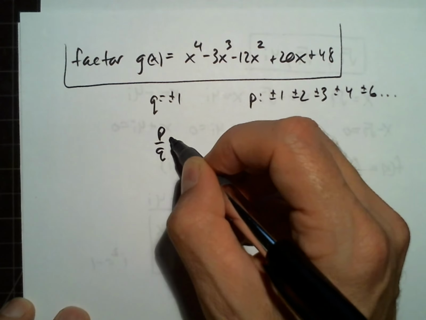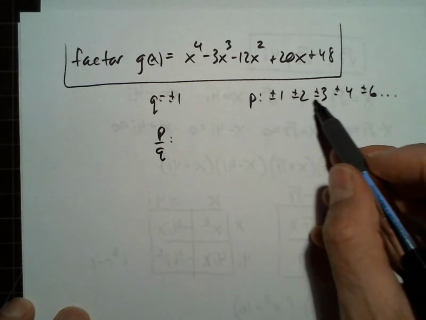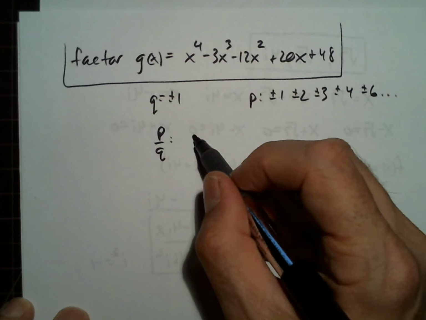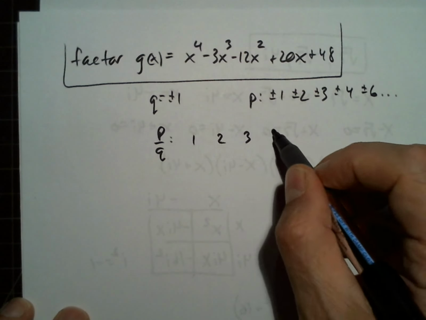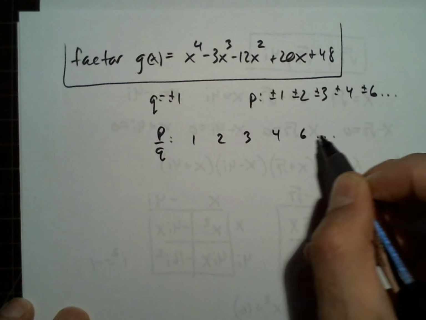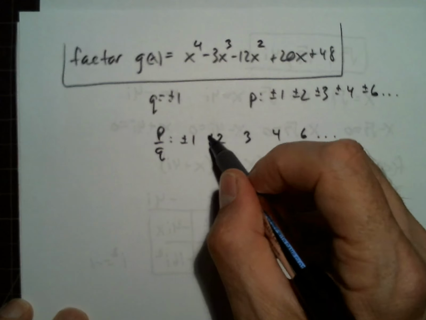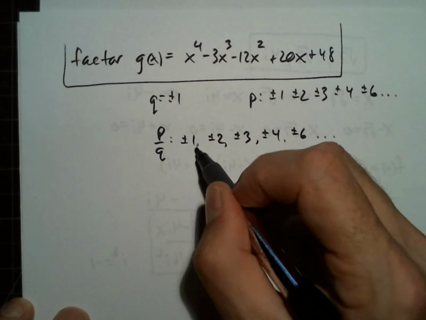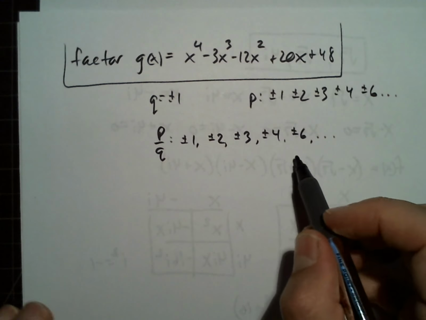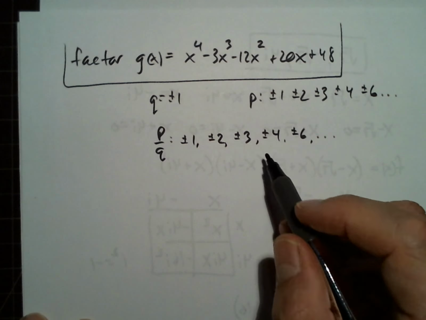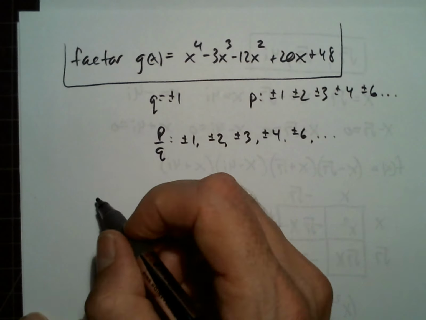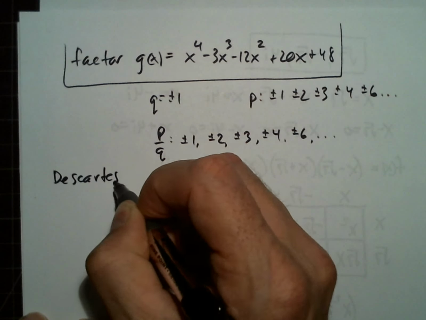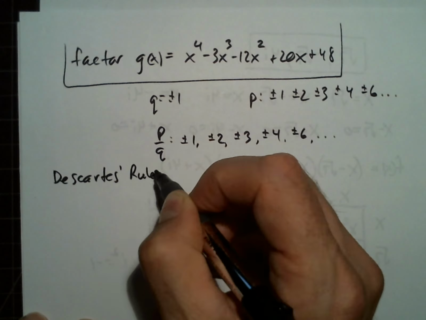P over Q, we'll have all the P's over 1. So we just really have all the P's. 1, 2, 3, 4, 6. And divide everything by 1, and that's what we'll have for P over Q. Let's consider Descartes' rule.